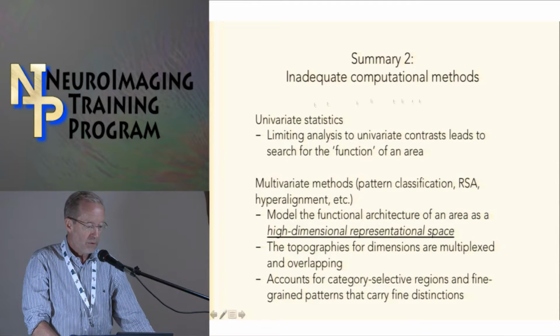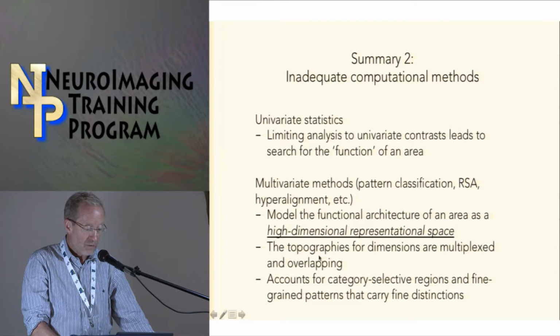So the computational methods are inadequate because they use univariate statistics. They search for the function of an area rather than try to analyze what is the representational space in an area. Whereas multivariate methods like pattern classification, representational similarity analysis, hyperalignment, they model the functional architecture as a high dimensional representational space.